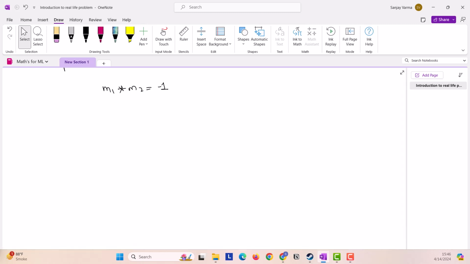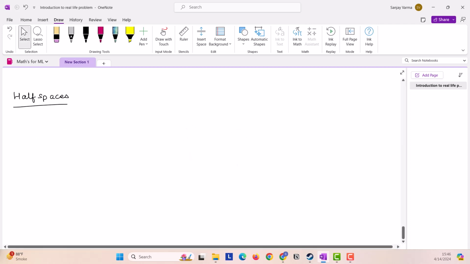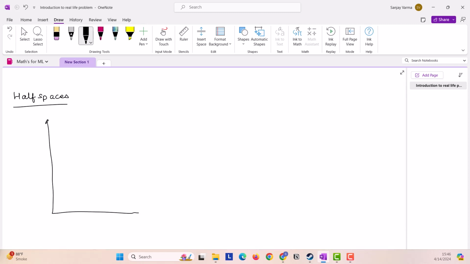So let's now go to half space. These are things we are learning to solve the problems where we want to describe the best line. So these are things we require. That's why we are learning them as a prerequisite before jumping back to that problem. So what is a half space?